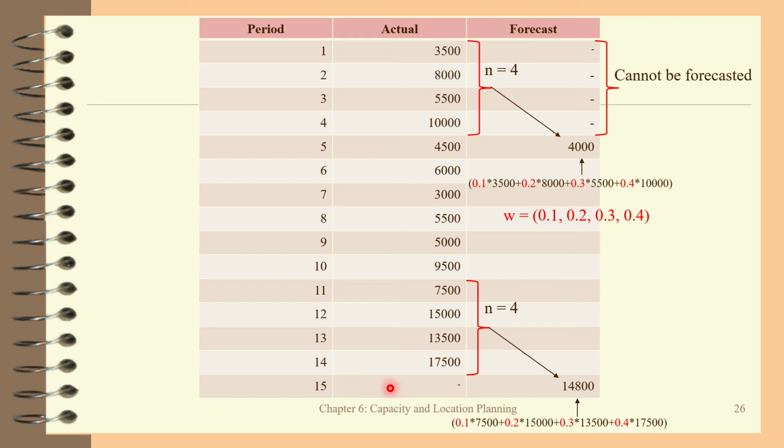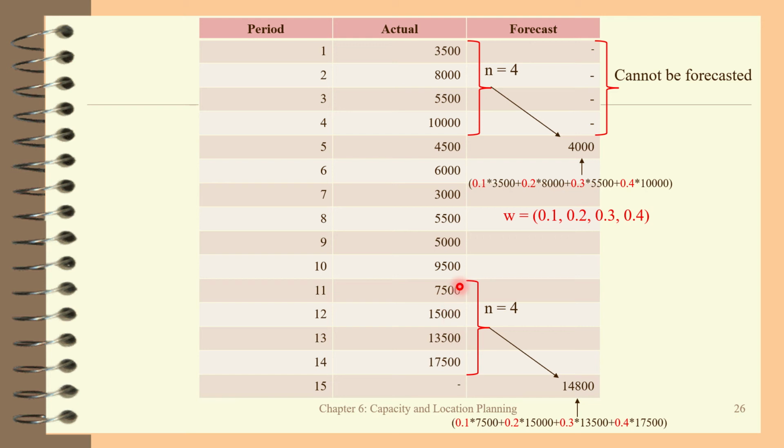Okay, I will give you another example. If you want to find F15 with the weights like this, you need four values, that is periods 14, 13, 12, and 11.